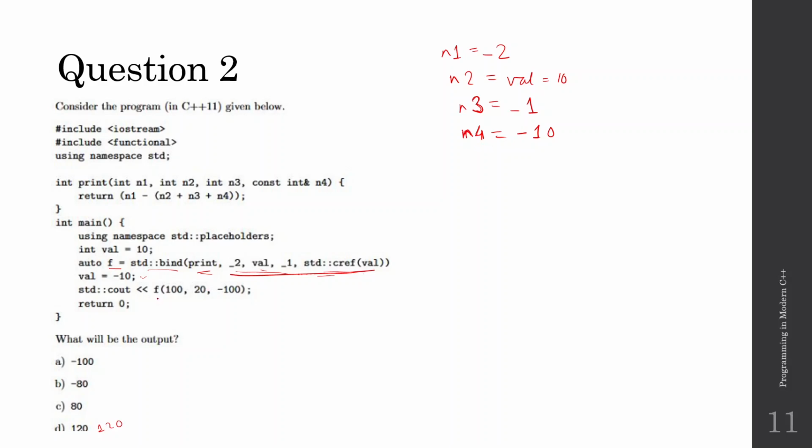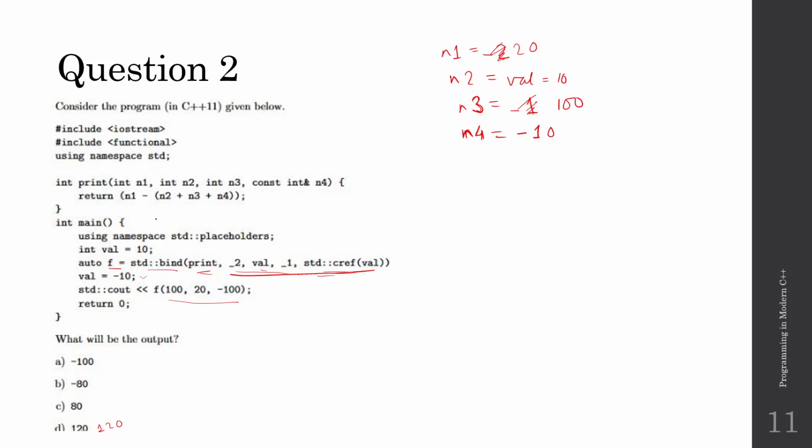Then we are calling the f function with these arguments 100, 20 and minus 100. So our first argument is 100, so n3 will become 100, and our second argument is 20, which means that n1 will become 20.